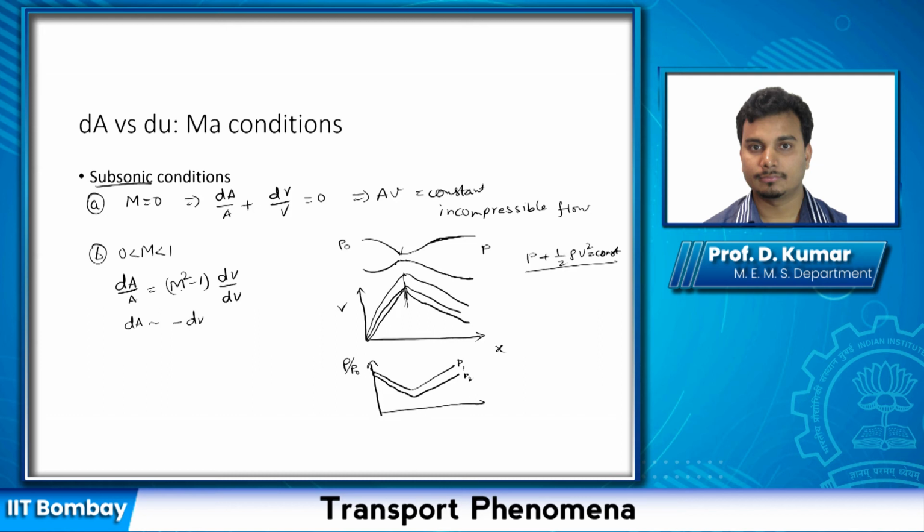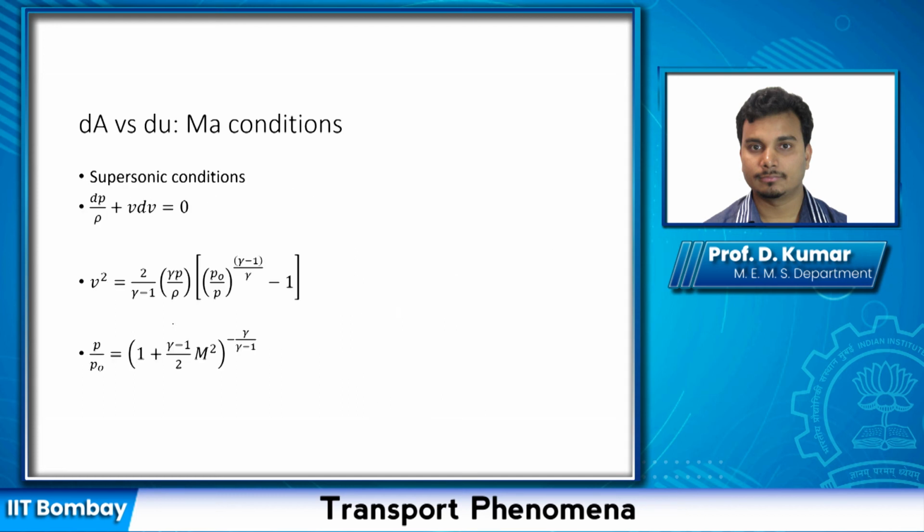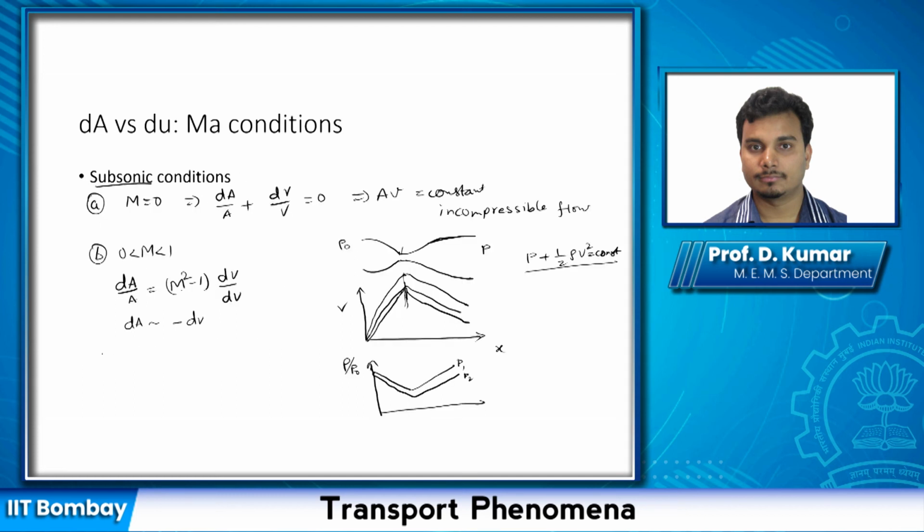And after that, if you go further, if you have a condition where Mach is greater than 1, then this is positive. So what does it say? dA and dV have the same sign. If your area increases, then your velocity will also increase. So once you have reached sonic, if your Mach is greater than 1 and you want to push more gas, then this region will become supersonic. We'll look at that aspect in a little more detail.